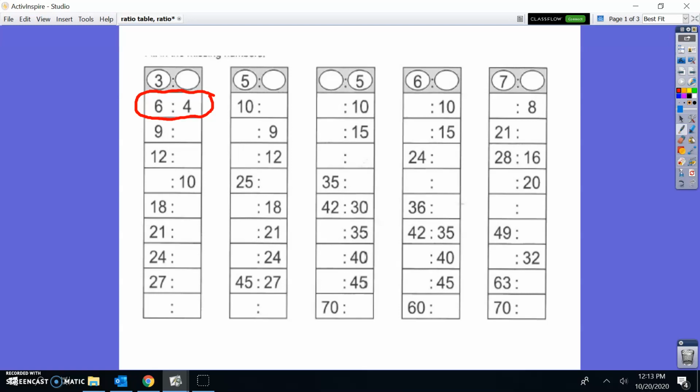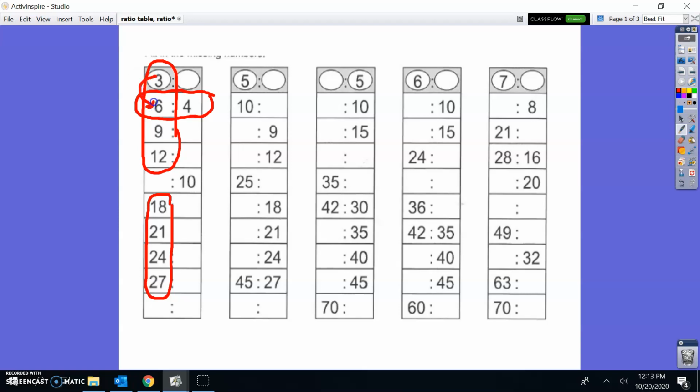So if you remember back to rate tables, we want to look for a pattern which is going to help us fill in this ratio table. So if I look in my left-hand column, see all of these numbers, I see a pattern here, either an addition or a multiplication pattern.